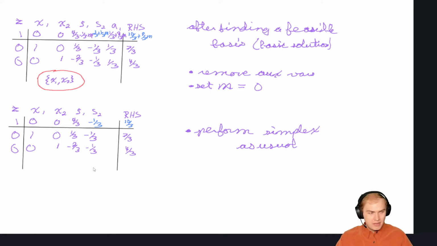So that's the big M method, and it seems a little convoluted, but it's nice because it lets us use a single tableau the whole time.